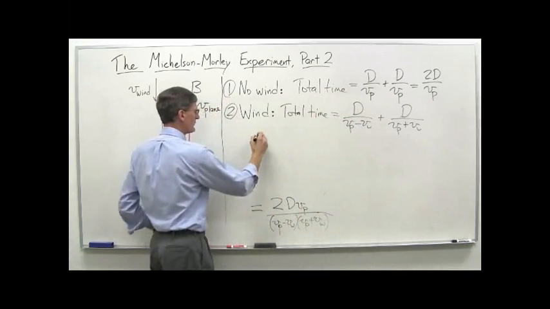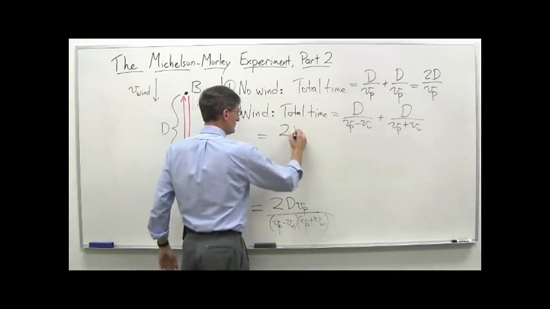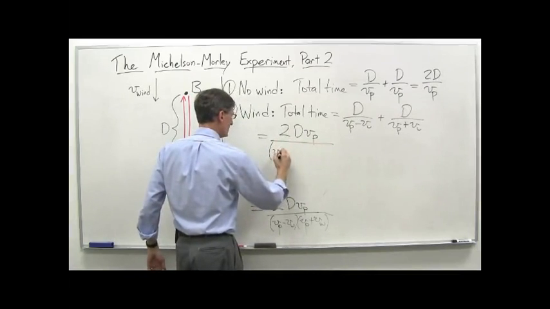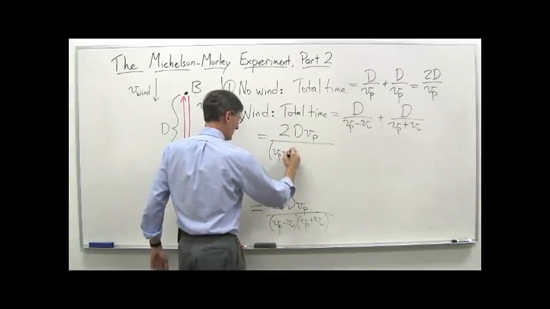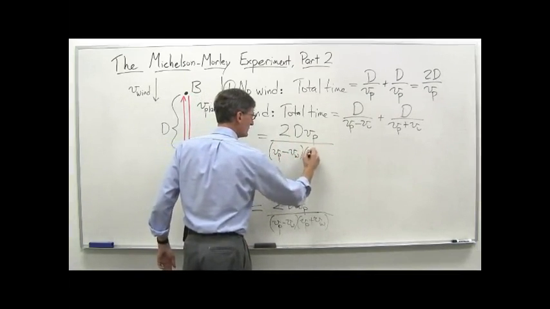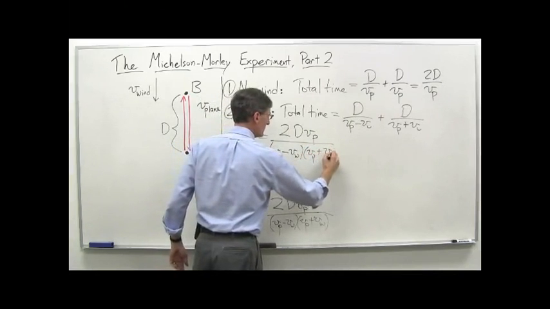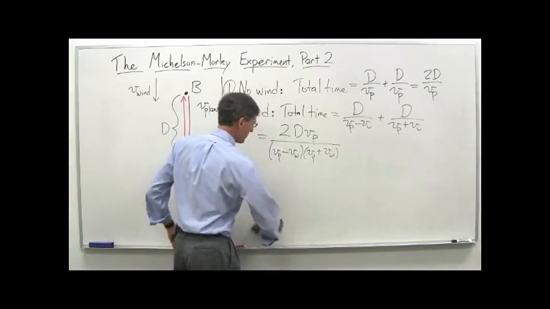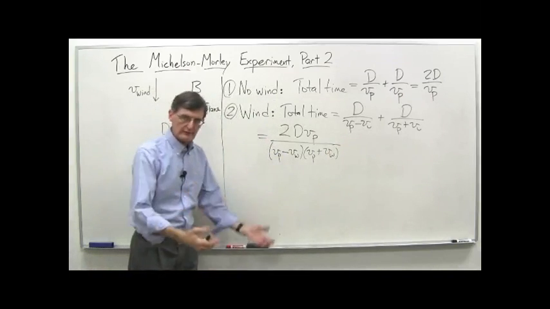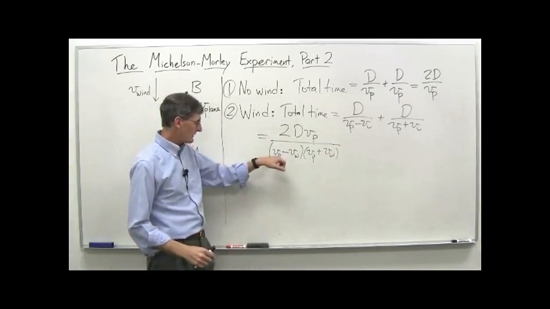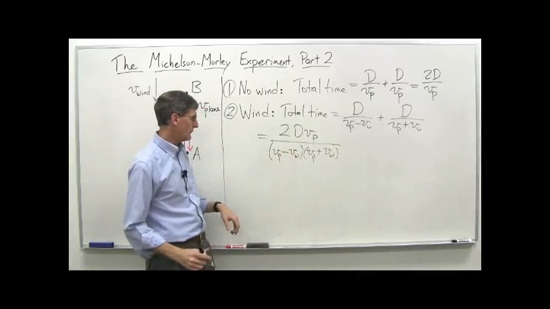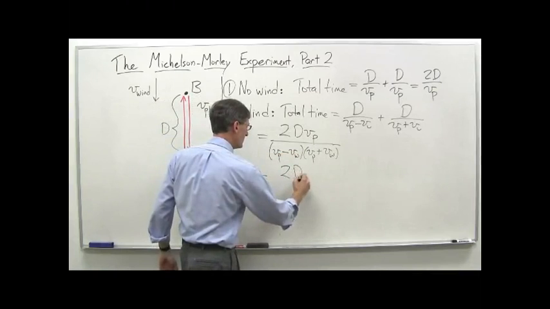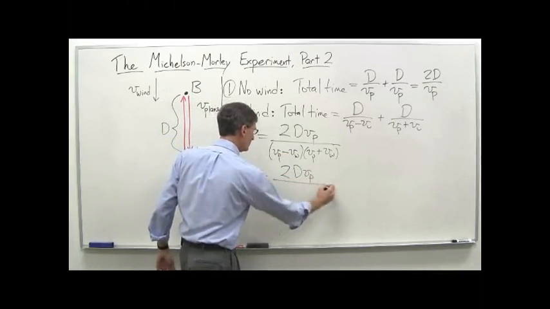Okay, so what we've got so far then is 2d Vp over Vp minus Vw times Vp plus Vw. So that's what we've got so far. Now let's, again, crank some more algebra here. Let's multiply this out in the denominator on the bottom here. So we'll leave the top as it is for a minute, 2d Vp.